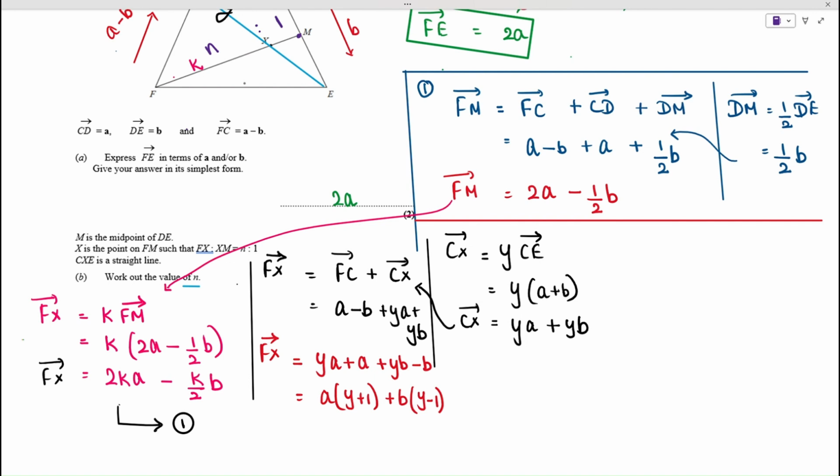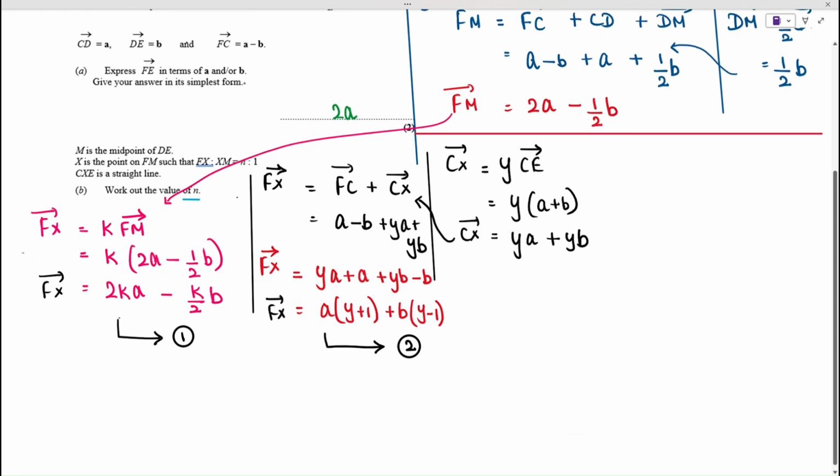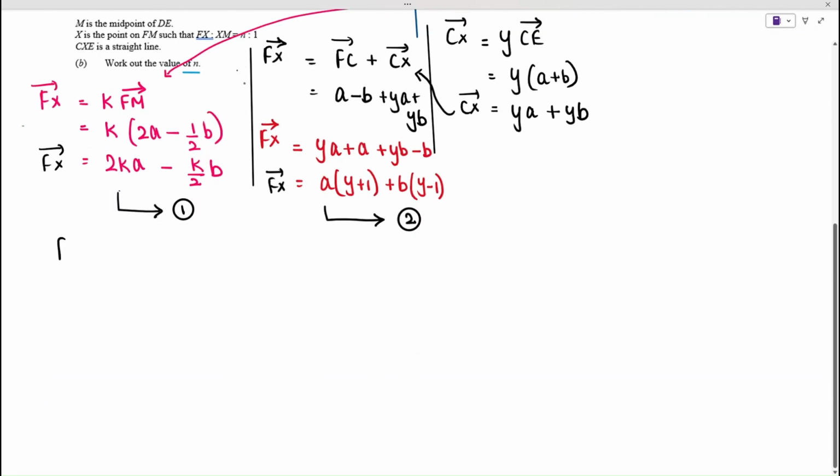And on the right here we have y plus 1 times a plus y minus 1 times b, the f of f to x, and this is equation 2. So what we're going to do is equate equation 1 and equation 2 because they're both equal to f to x.